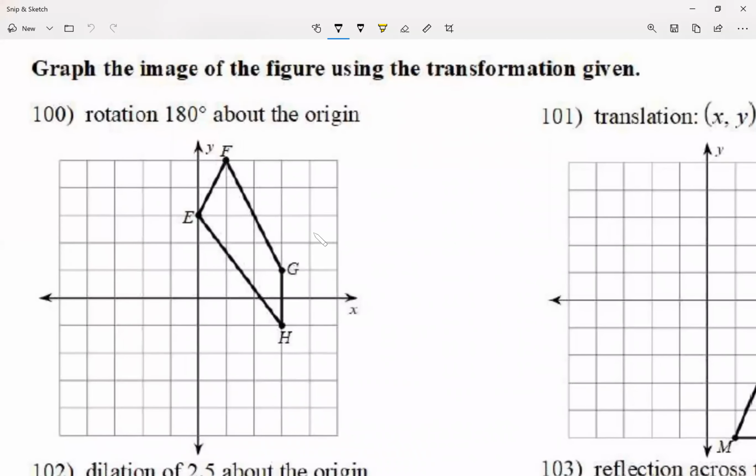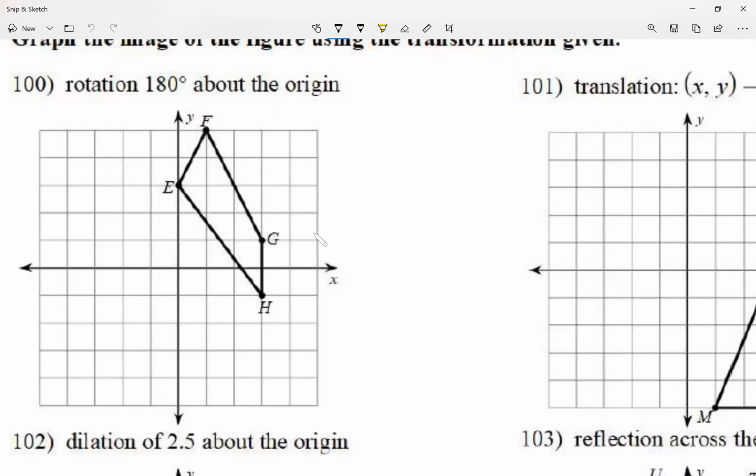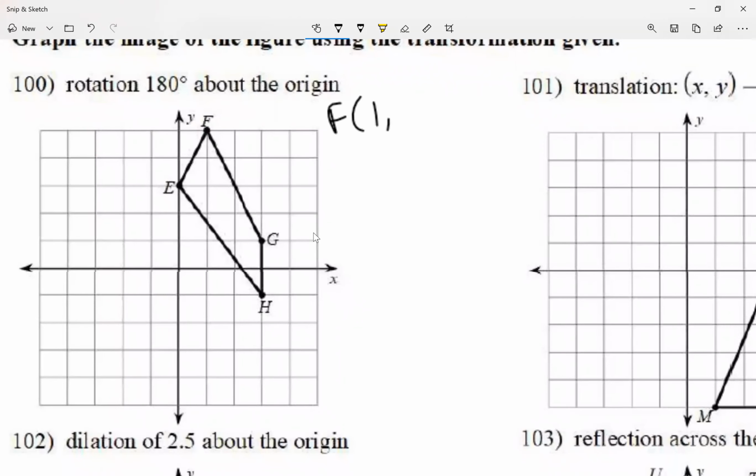It says, graph the image of the figure using the transformation given, but we can use any point, right? If I said, give me the coordinates of F, the points are 1, 5. And according to our notes, rotation 180. So I'm going to base on my notes, rotation 180.